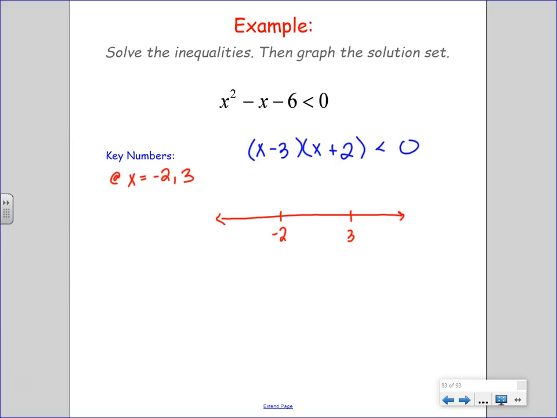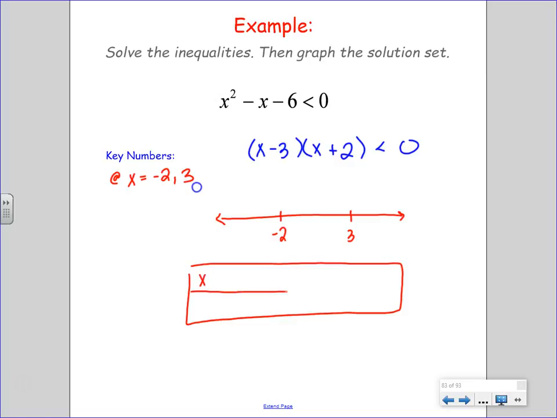Our next goal is to test, but the nice thing is we only need to test numbers in each of the intervals. What's something to the left of -2? How about -3? What's something in between -2 and 3? How about 0? And what's something on the right of 3? How about 4?